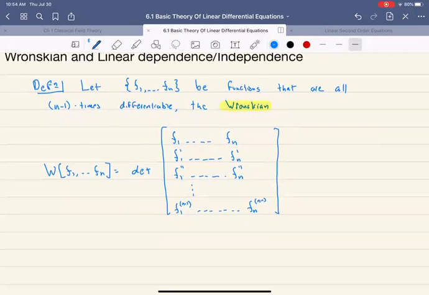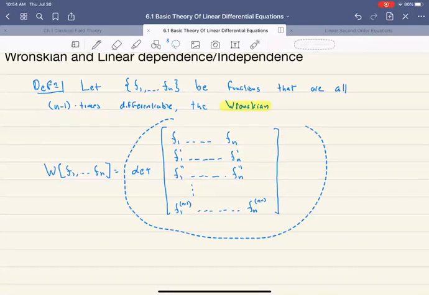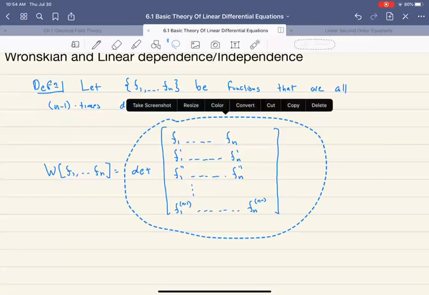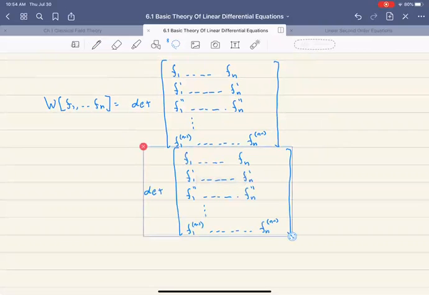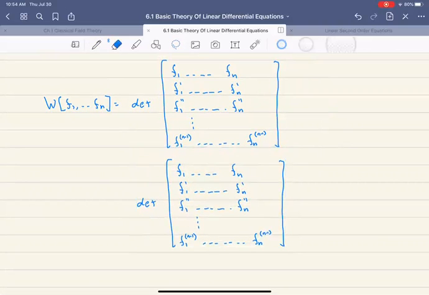A lot of times in books, they actually write it a little differently. It's still the determinant, but they use a notation where instead of writing determinant, they just use lines here.